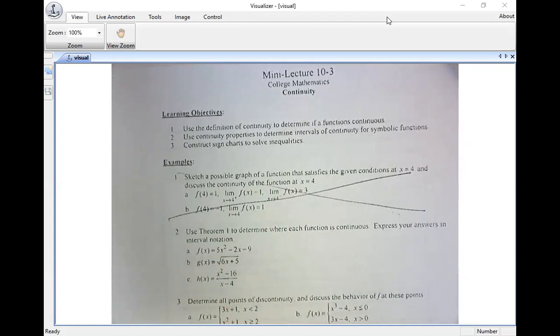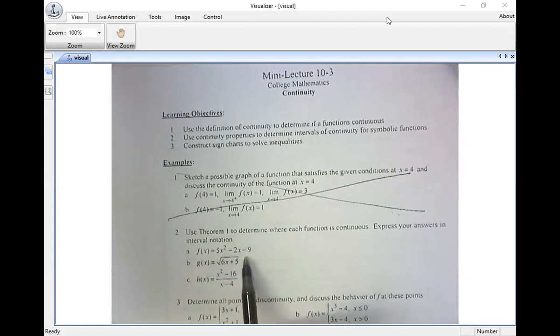For example, if I were to ask you on A, f of x equals 5x squared minus 2x minus 9, what kind of function is that? I think I heard quadratic, which is a type of polynomial. And what did it tell us about all polynomial functions?